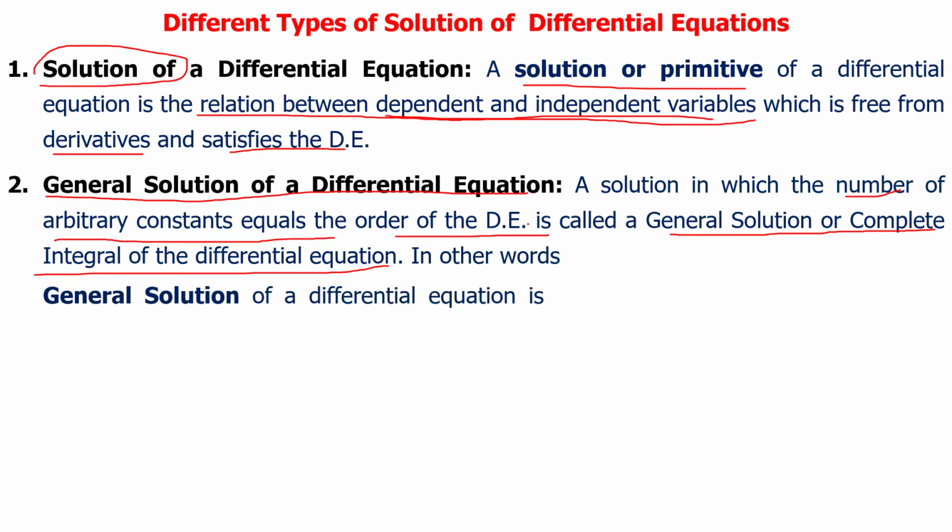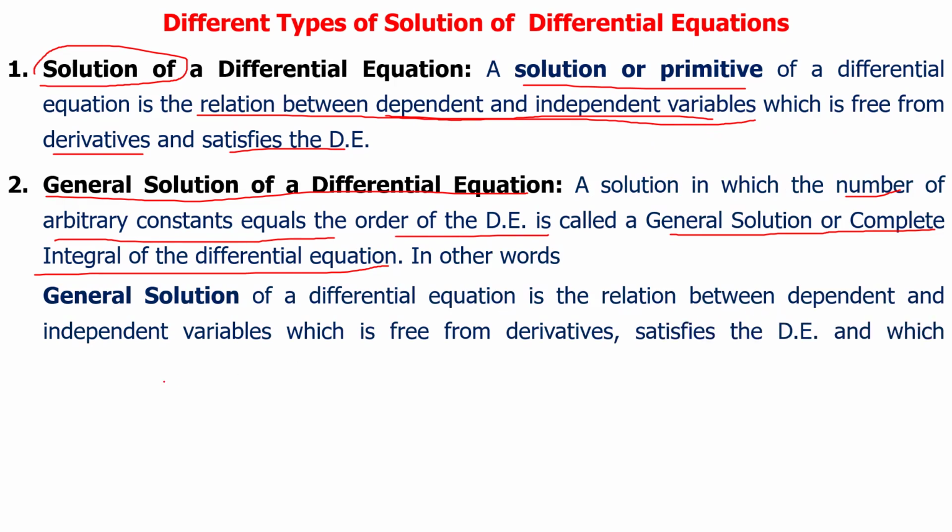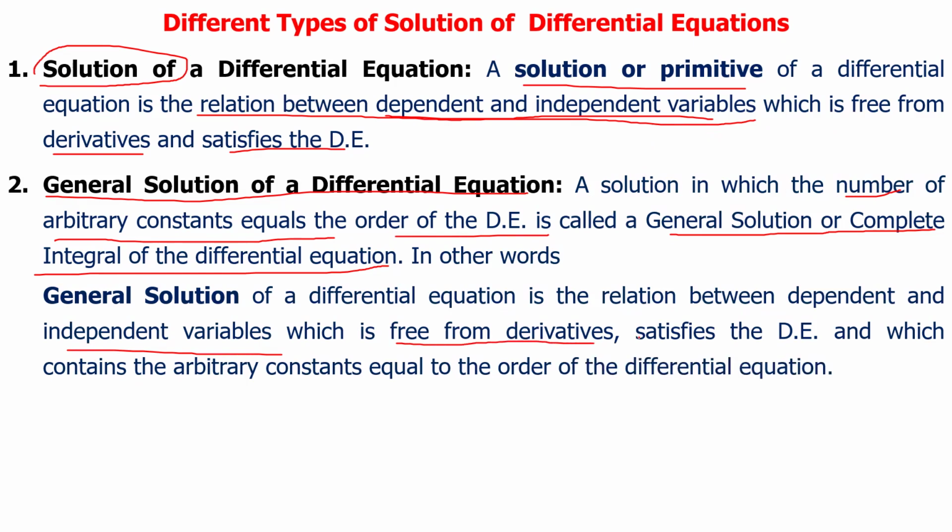In other words, the general solution of a differential equation is the relation between dependent and independent variables which is free from derivatives, satisfies the differential equation, and contains arbitrary constants equal in number to the order of the differential equation. So this is called the general solution of a differential equation.